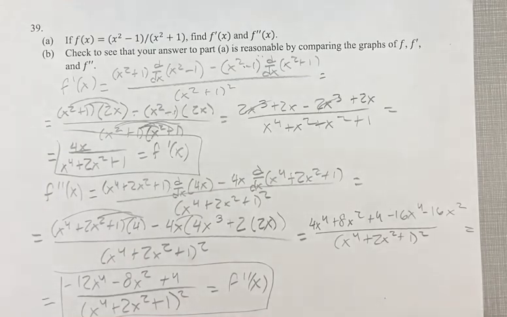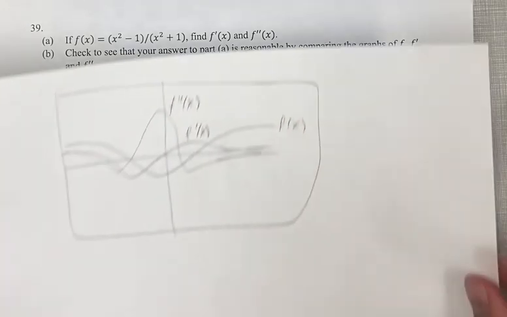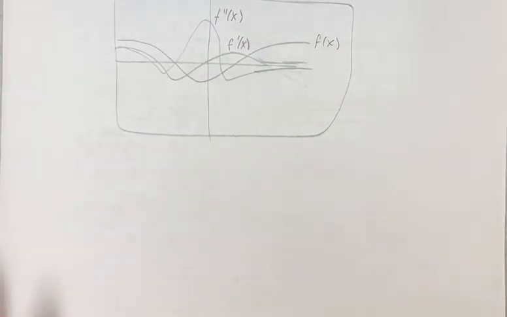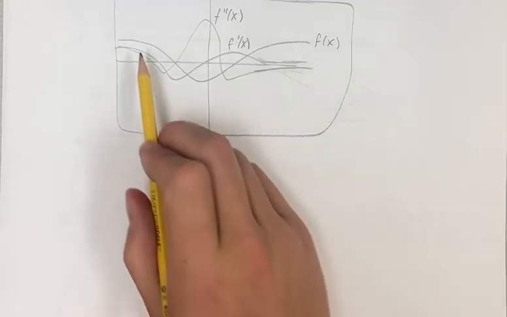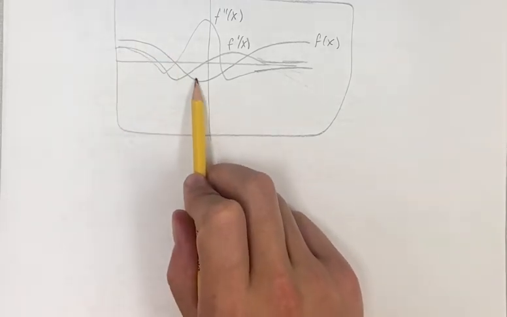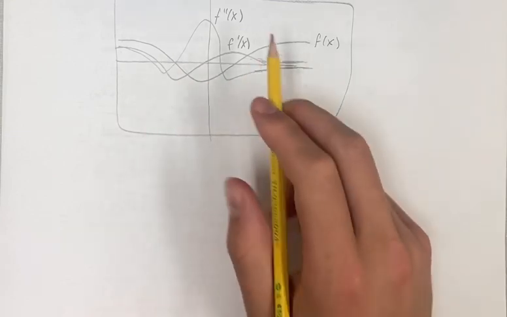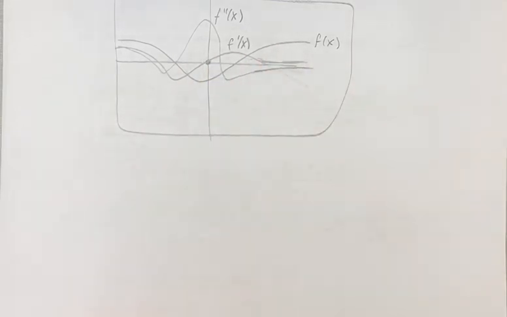Now, part B is asking us to compare the graphs of f, its derivative, and its second derivative. And it's a little bit unclear to see what's going on here. But if you notice, when f, which is this curve right here, goes from decreasing to increasing, its derivative is 0.